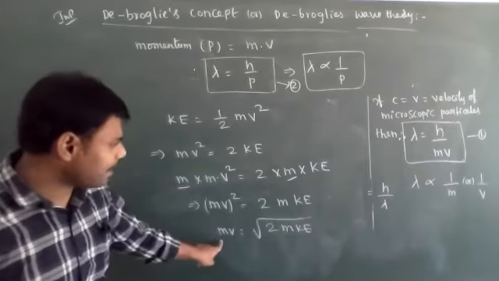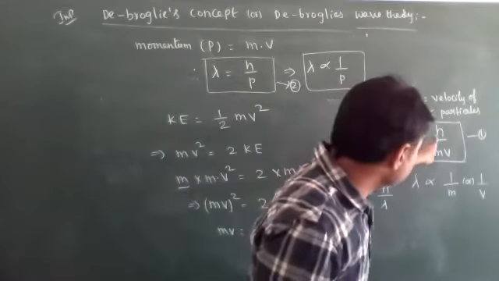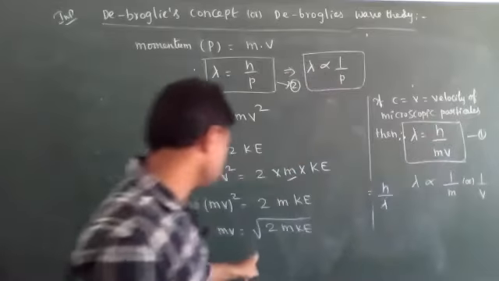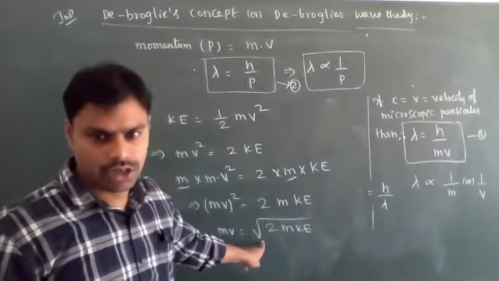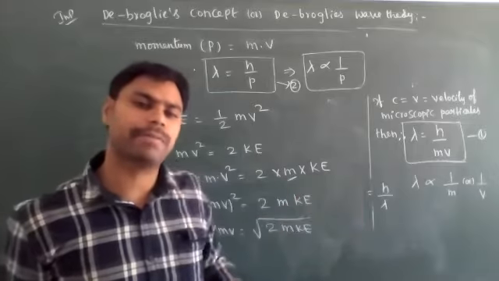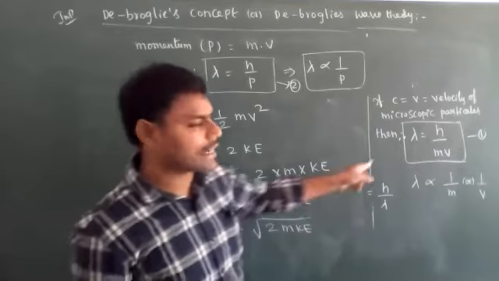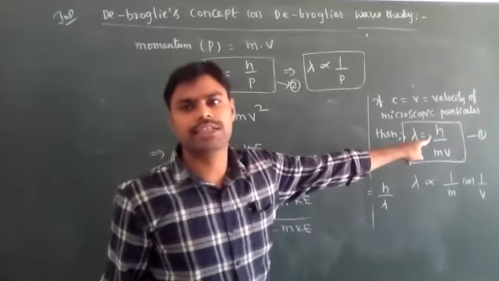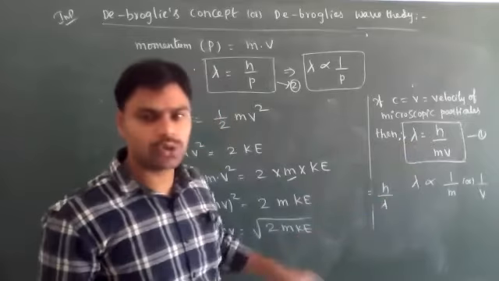Why did I calculate mv? Because lambda is equal to h by mv. In that mv place, I can substitute root over 2m into Ke. If the kinetic energy of microscopic particles is given, then how to calculate wavelength? Lambda is equal to h by root over 2m into Ke.